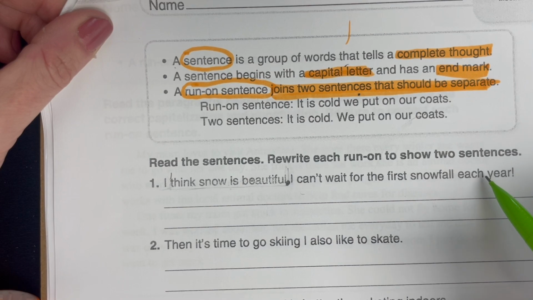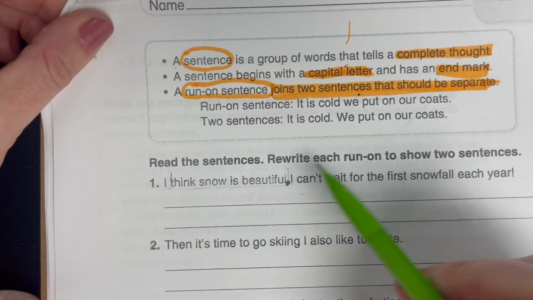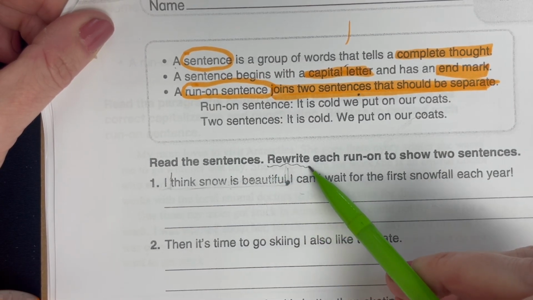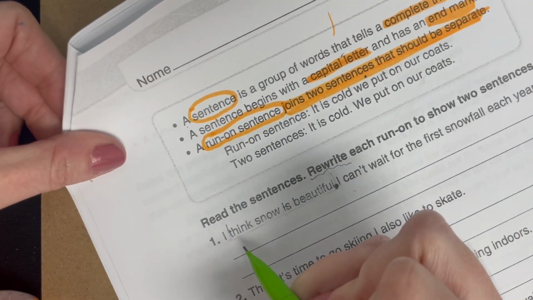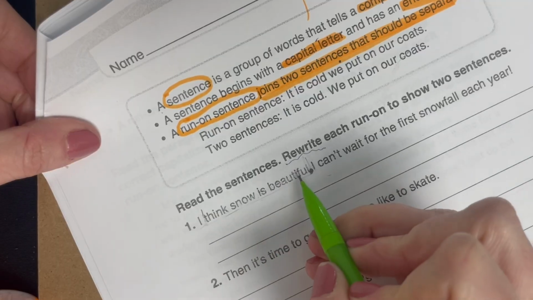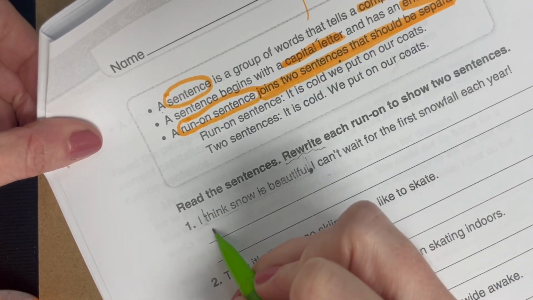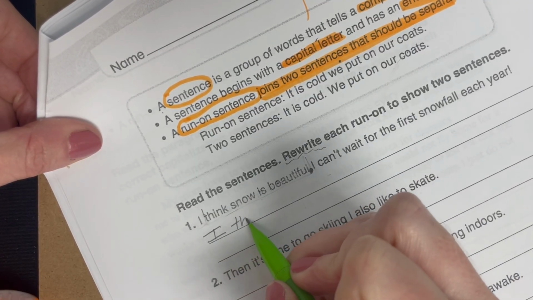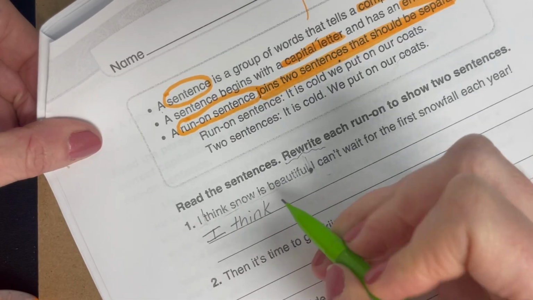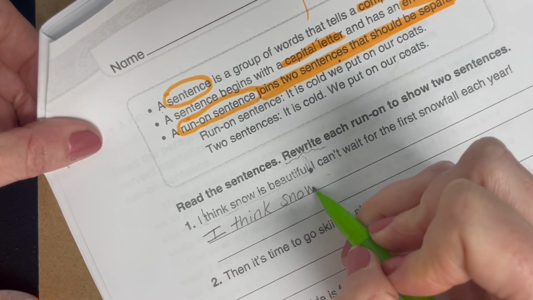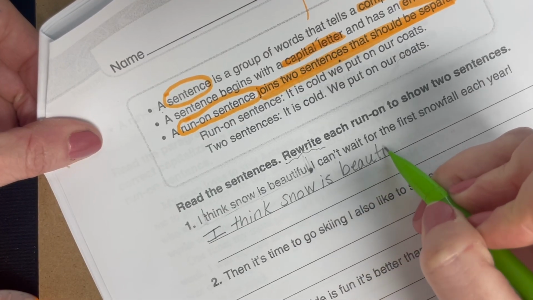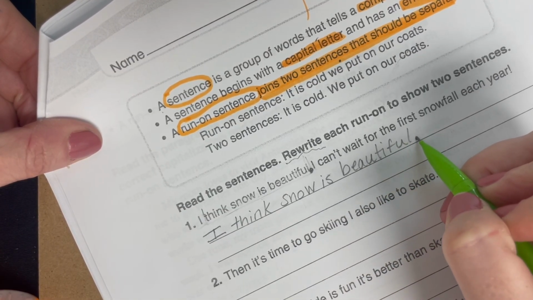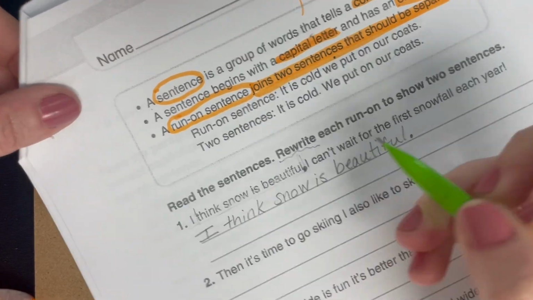So what I will do next is rewrite to show my changes. Okay, so I will go ahead and copy the first sentence. I think snow is beautiful. And I'm going to put my period because I decided that's where it should go.